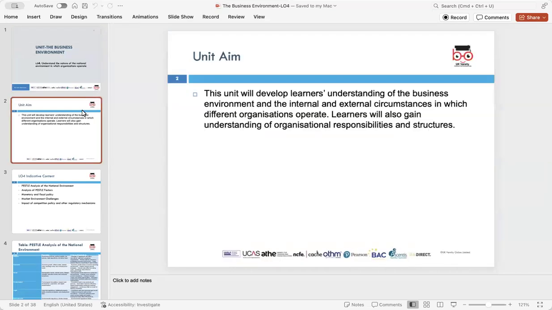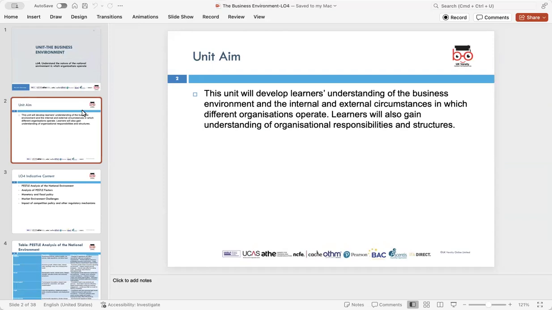So unit aim. The aim of this unit is to deepen your understanding of the national business environment and the various internal and external factors that impact organizational operations.